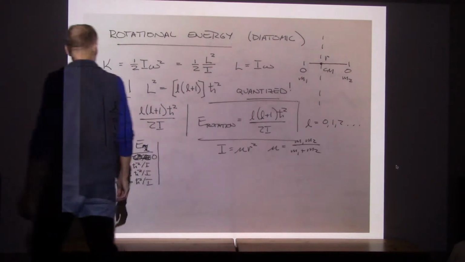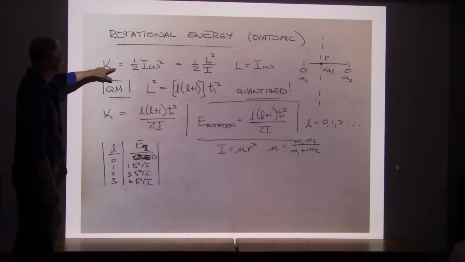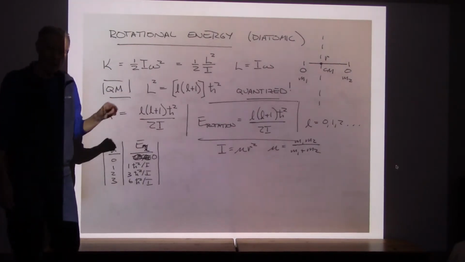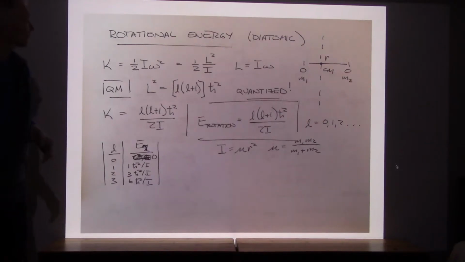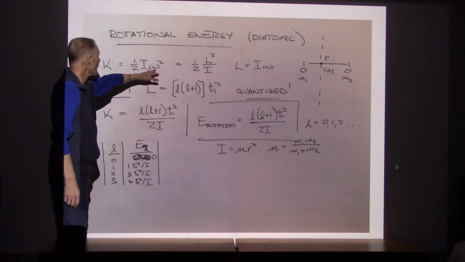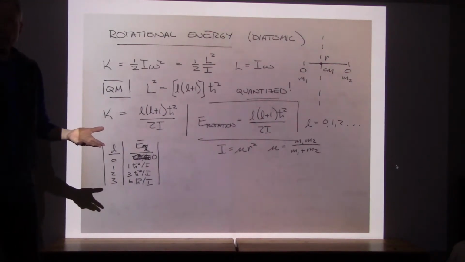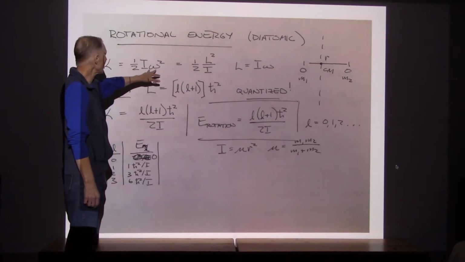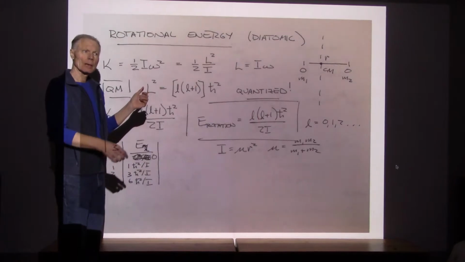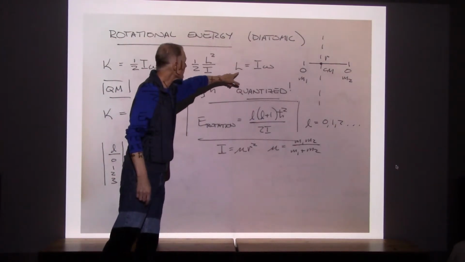Now, a quick review from Physics 4A. If you remember, rotational kinetic energy can be written as 1/2 times a rotational inertia times omega squared, where omega was an angular frequency. Now that's one way to write this. There's a second way. Instead of writing in terms of the rotational velocity, we can write in terms of angular momentum.